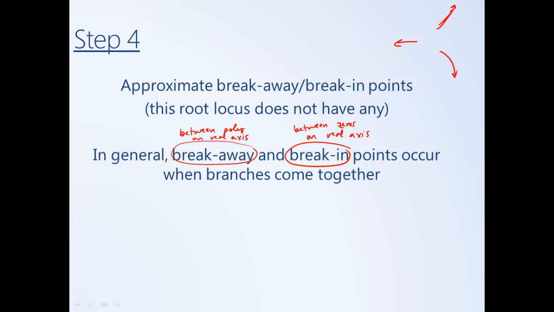Since we know that branches leave poles, you can imagine two branches leaving two poles and meeting in the middle and breaking out. And since branches approach zeros, you can also imagine two branches meeting on the real axis and then breaking in to approach the zeros on the real axis.